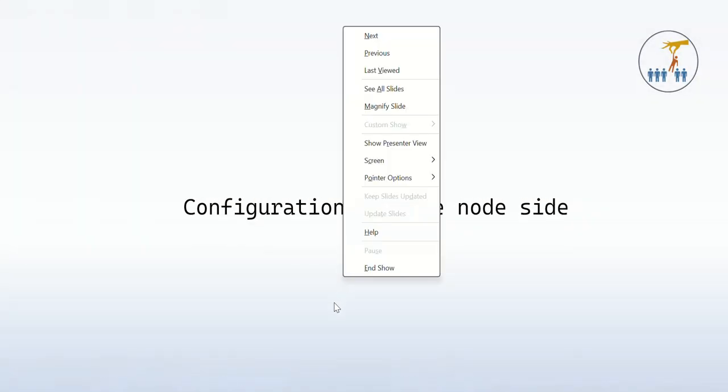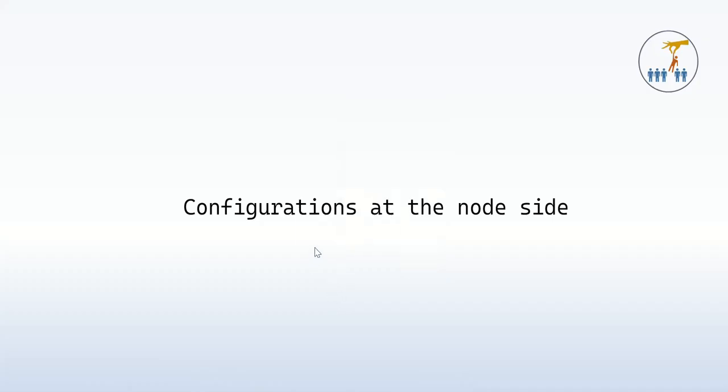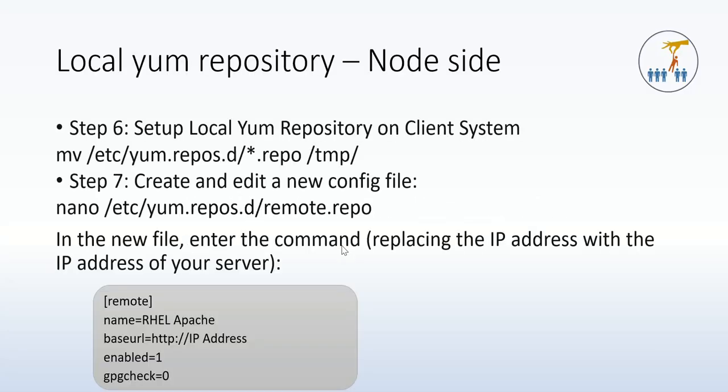That was the thing that we have done on the server side. At the node side, what we have to do is create the repos file. There should be a remote.repo file that we have to create. If you go into the yum.repos.d directory under /etc, we will have different repo files for all of these repositories: base OS repository, AppStream repository, and extras common.